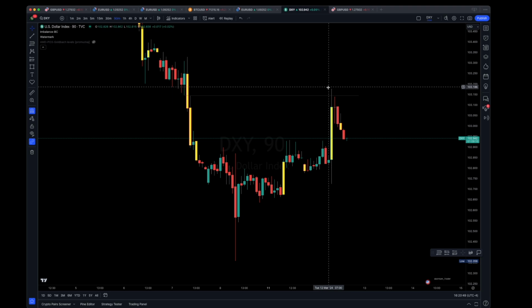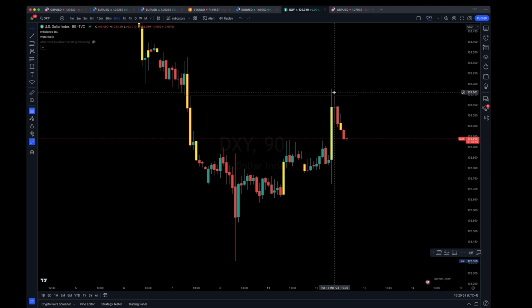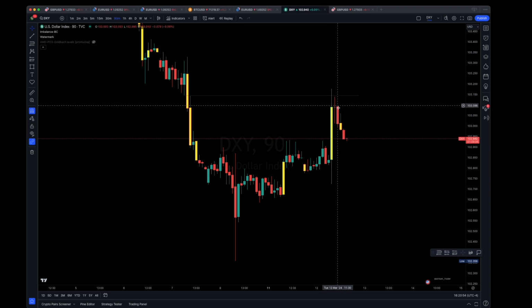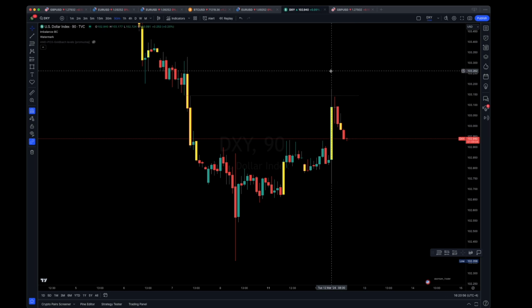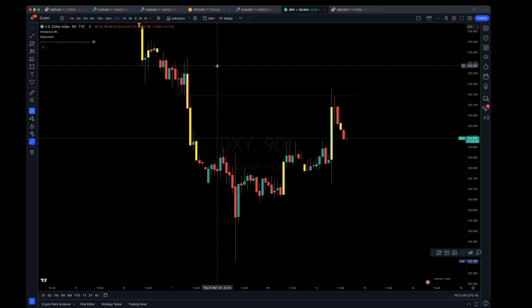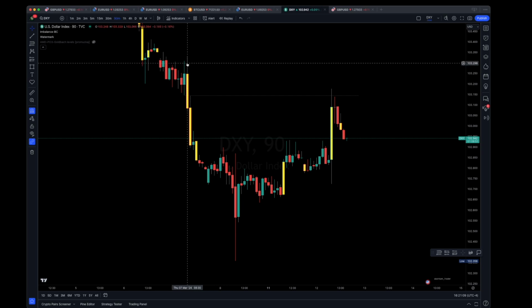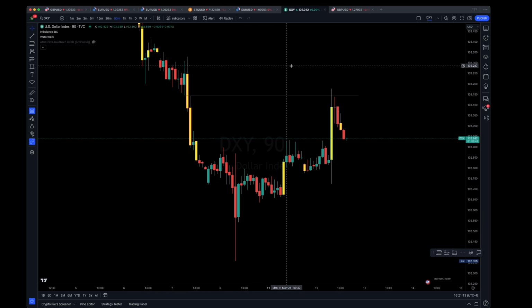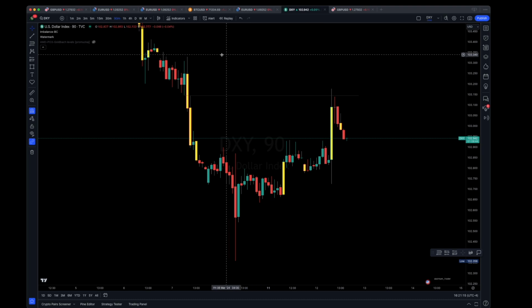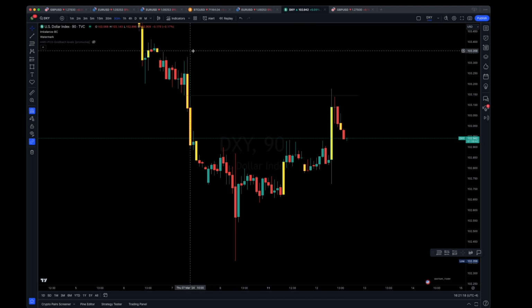This is the swing high created by CPI, and then we retraced. The time of this 90-minute candle was at 8:30. What time was this fair value gap? 8:30. Right? This is 8:30 a.m. and this is 8:30 a.m.